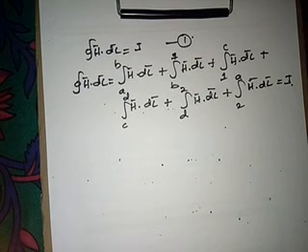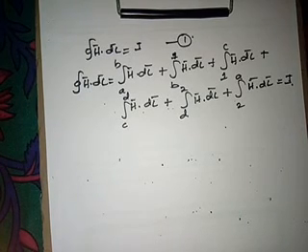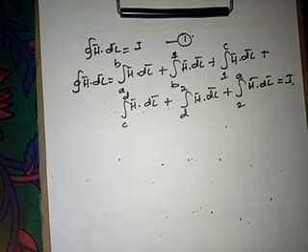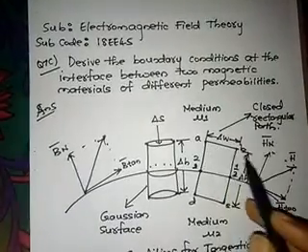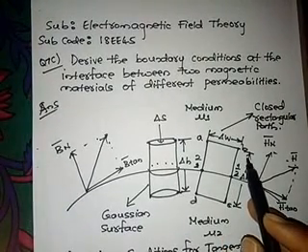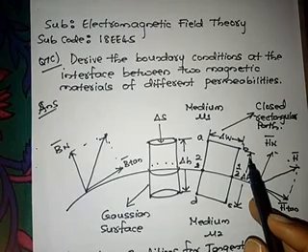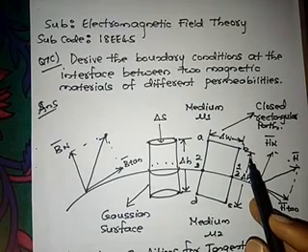Fine. Now here we are considering that H bar can be assumed constant, because this surface is a very small surface. So we can consider H tan 1 in medium 1 and H tan 2 in medium 2 to be constant.